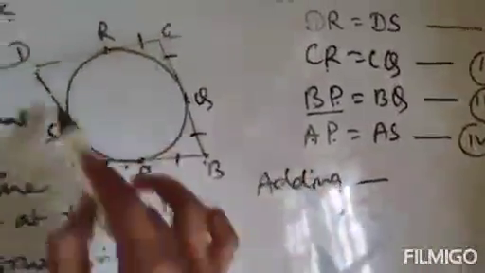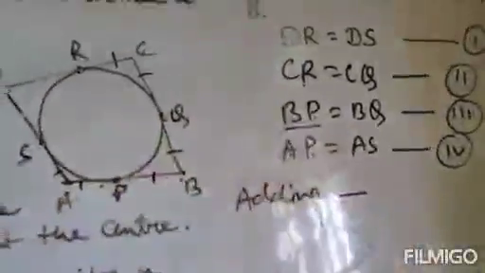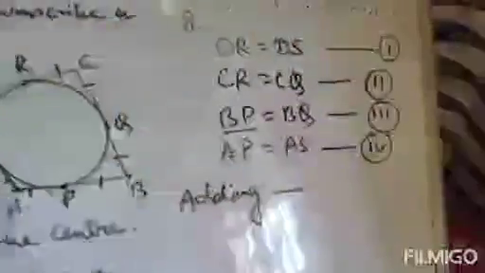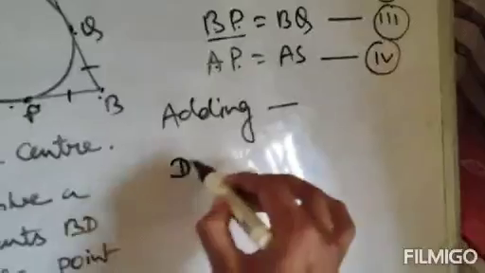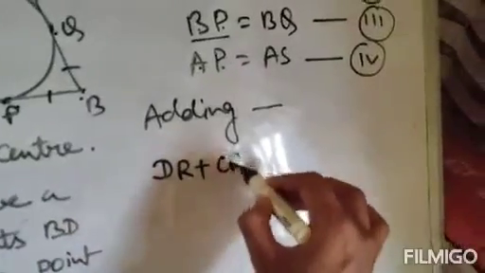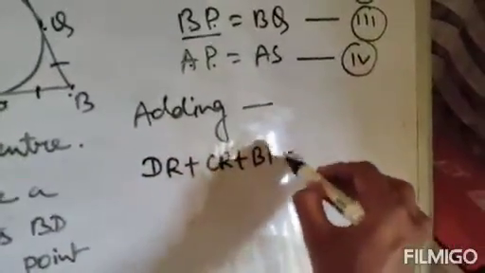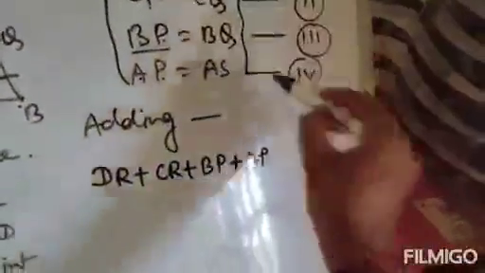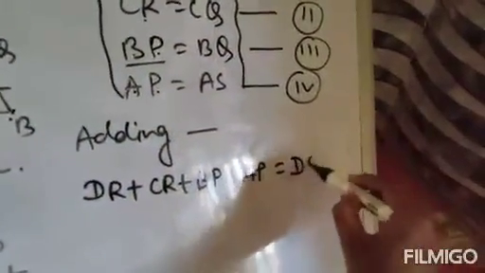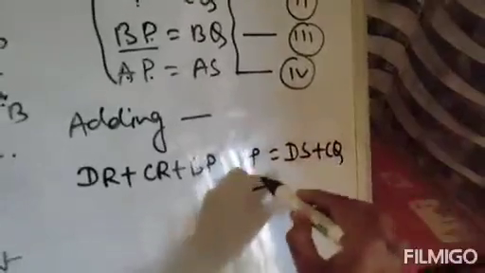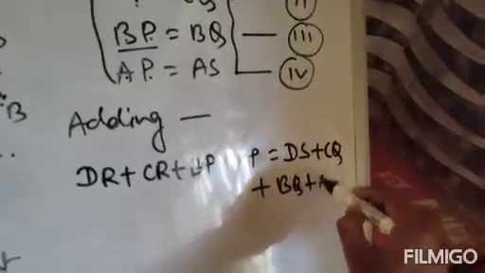That means the quadrilateral is complete. Now add the left portions, DR plus CR plus BP plus AP, and then the right portions, DS plus CQ plus BQ plus AS.